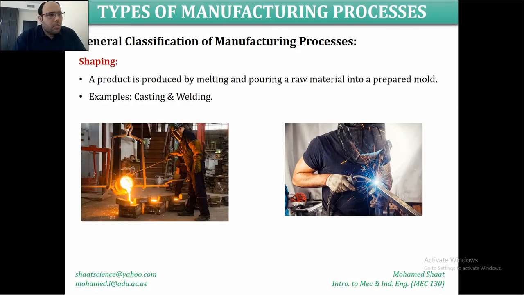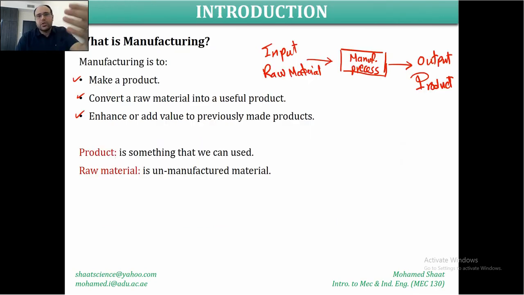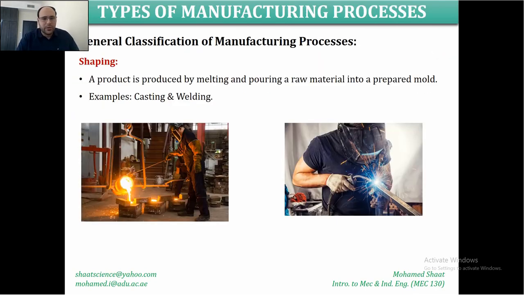All right, so how many manufacturing methods or processes could we have based on these definitions? As we mentioned, any changes that you make to any product will be counted as a manufacturing method or process. This indicates that the count of manufacturing processes is countless, because we can make lots of changes.